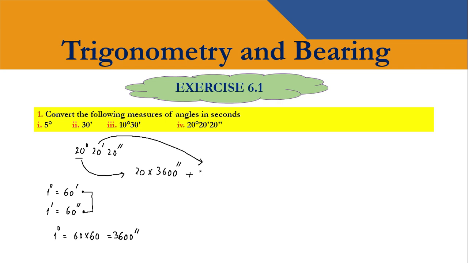If I multiply 20 minutes with 60, as you know 1 minute contains 60 seconds, it will convert into seconds, and then plus the 20 seconds. After combining all these values, we get our answer 73240. 73,240 seconds is equal to 20 degrees, 20 minutes and 20 seconds.